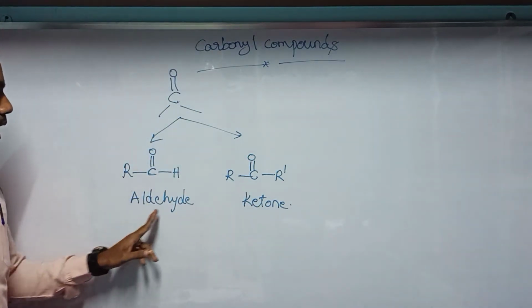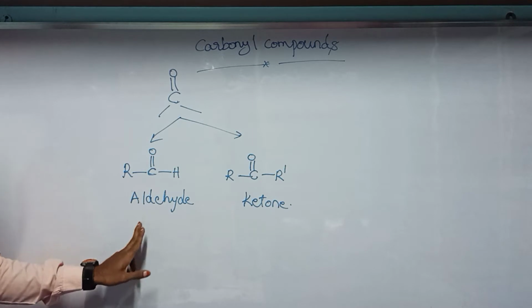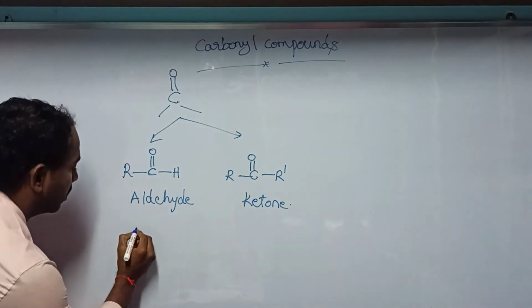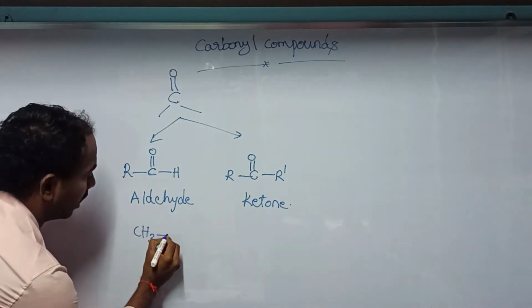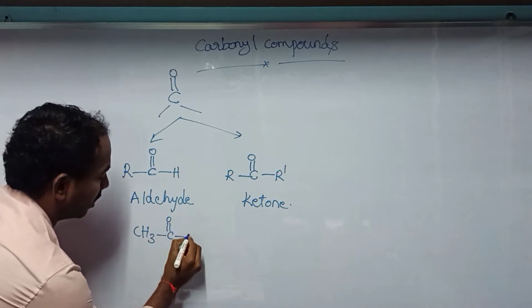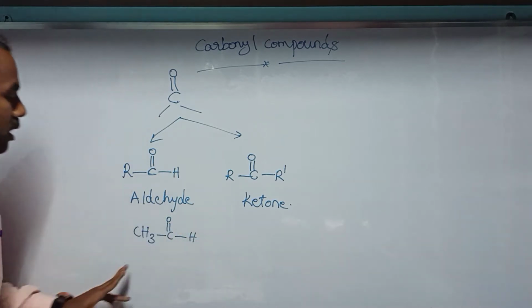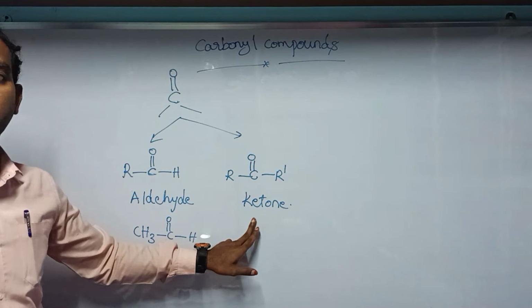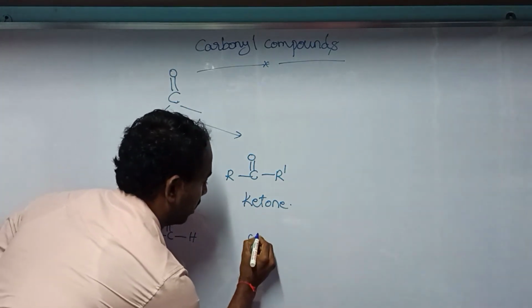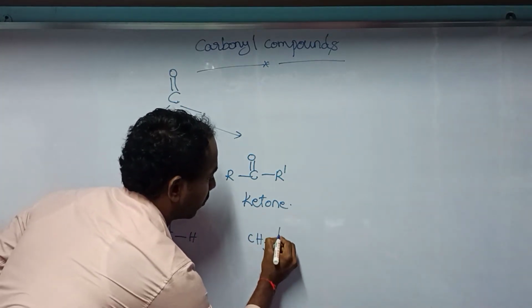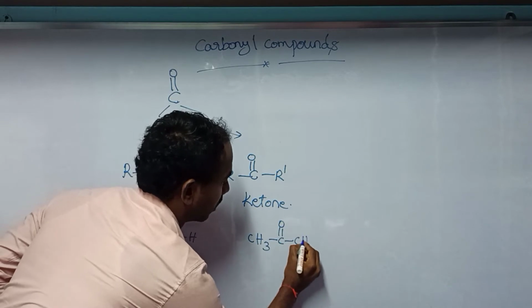So see here, aldehydes and ketones. The simplest example for aldehyde: CH3, C double bond O, H. For ketone: CH3, C double bond O, CH3.